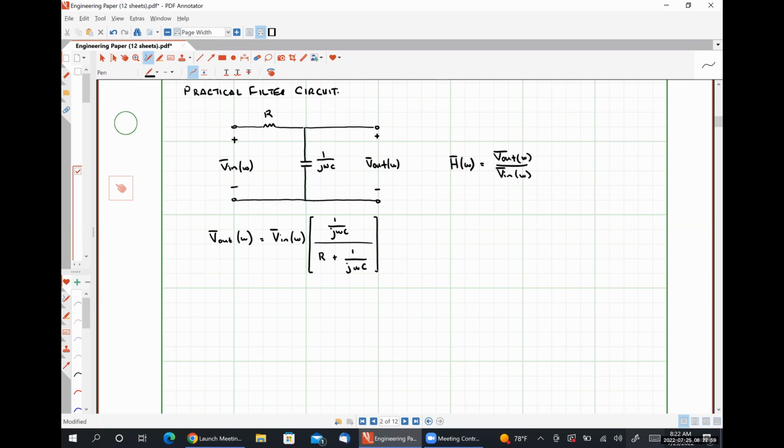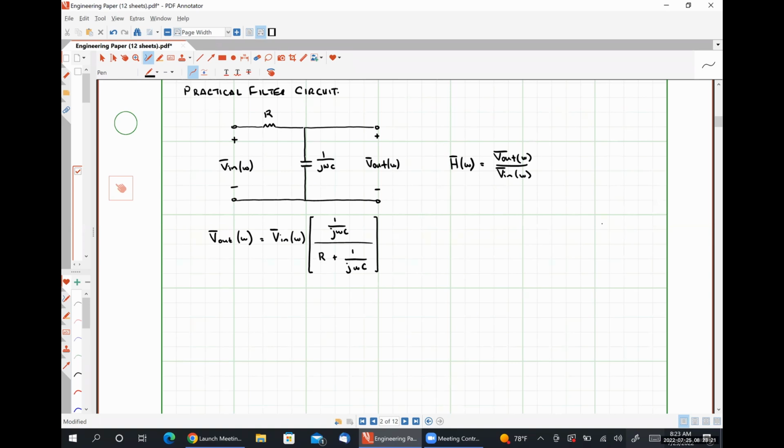And all of these filter circuits that we're going to look at are really just simple voltage dividers, where we are taking the voltage drop over an impedance that has a dependence on frequency.